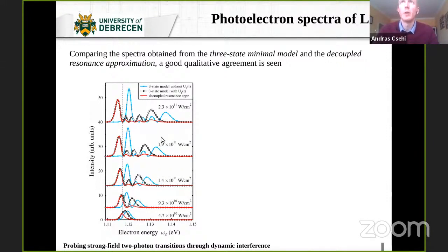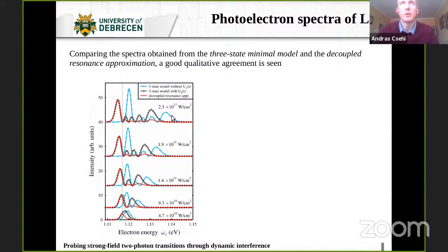What I'm showing here also with the blue curve is the three-state model results when the ponderomotive shift is excluded artificially, and we see that there is a shifting of the spectrum, due to the channel closing effect.